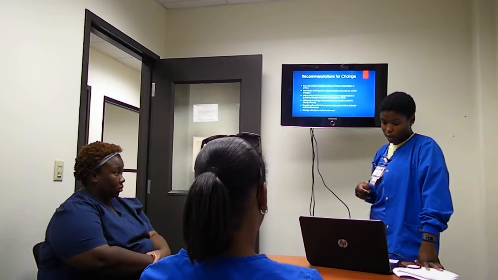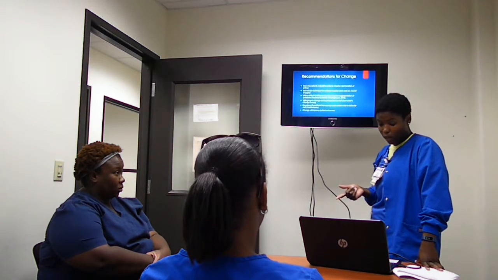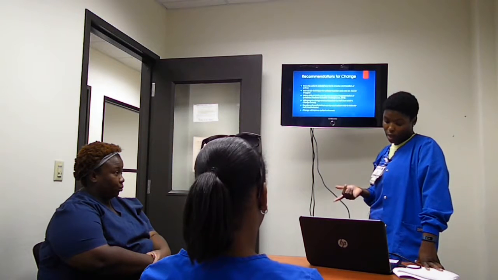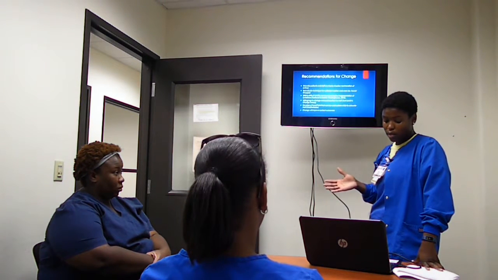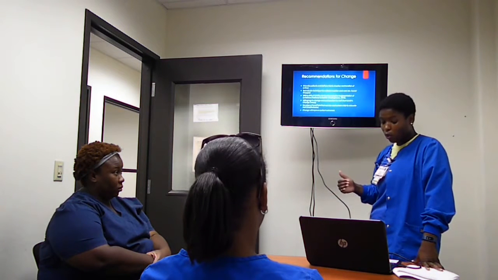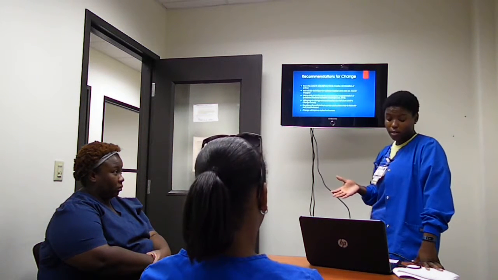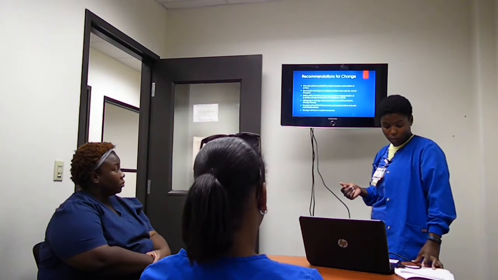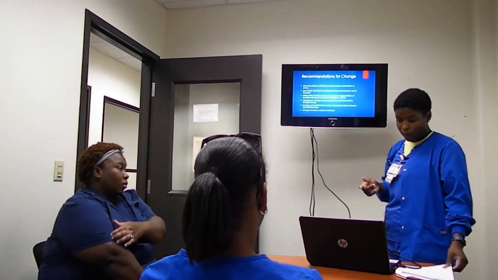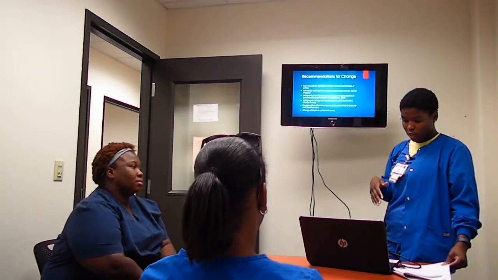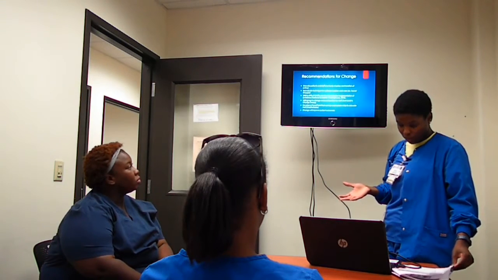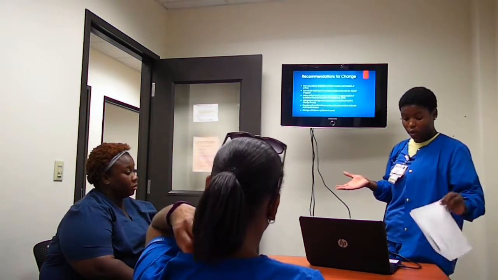And according to the National Guideline Clearinghouse, 20% to 69% of CAUTIs can be prevented if nurses and staff just follow the clinical practice guidelines. What I propose will happen after these recommendations is an improvement in patient outcomes and a decrease in the number of CAUTIs.